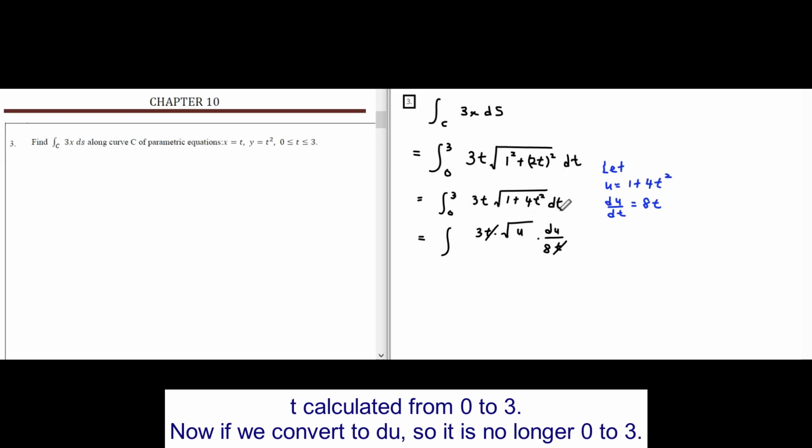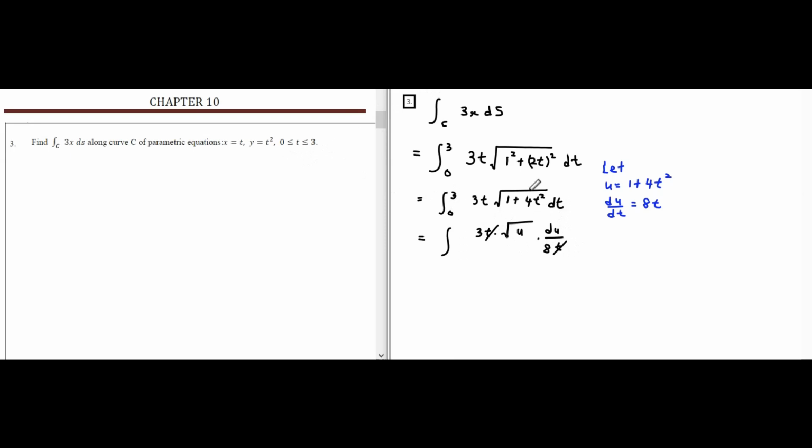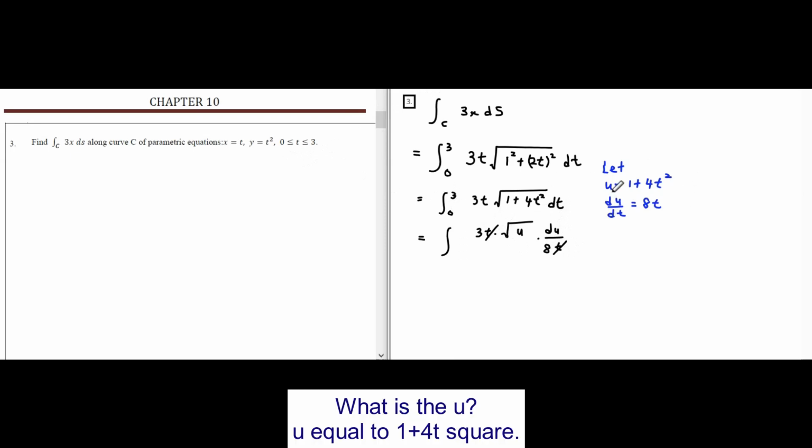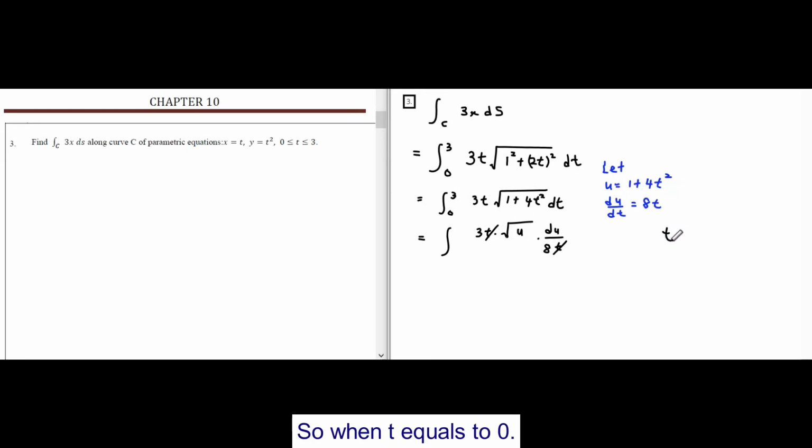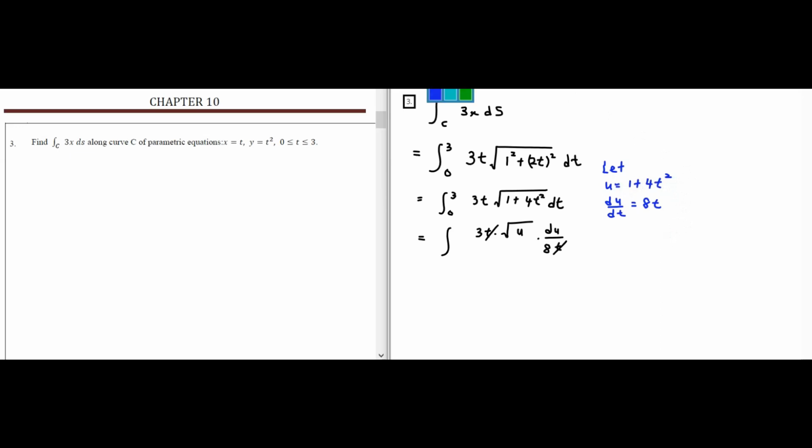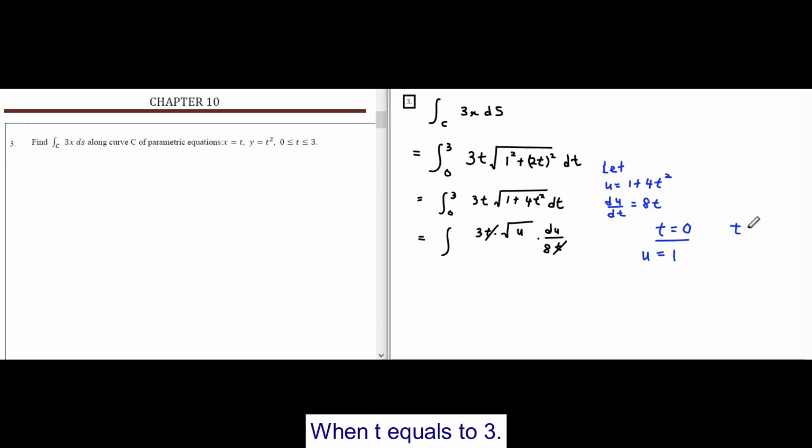Now if we convert to du, it is no longer 0 to 3. What is the u? U equals 1 plus 4t squared. So when t equals 0, and when t equals 3.